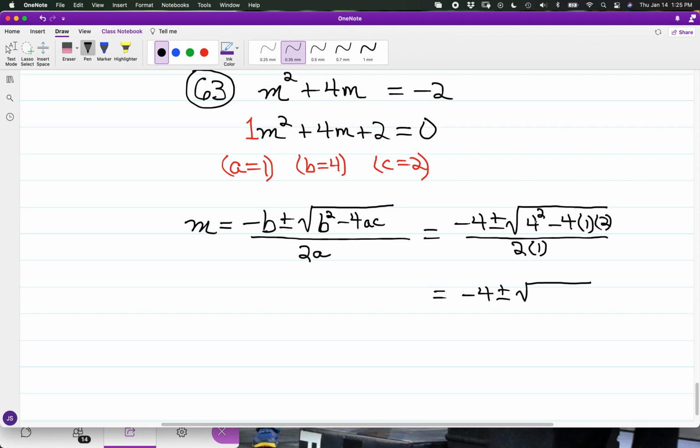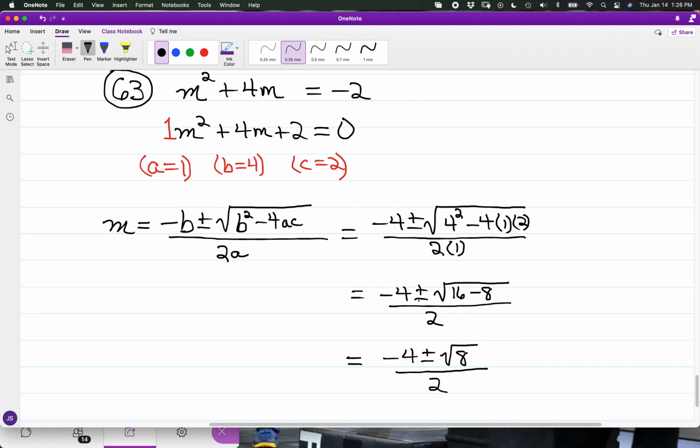After the direct substitution, 4 squared is 16. Negative 4 times 1 is negative 4. In turn, negative 4 times 2 is negative 8, and we have all over 2. So 16 minus 8 is going to be 8. Kind of like 52 as well as 28, 8 is not a perfect square number, but it is still one that can be reduced.